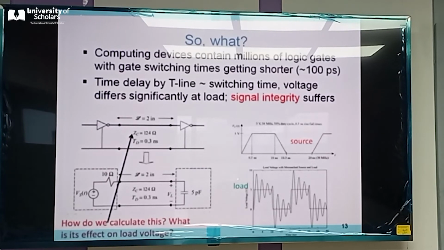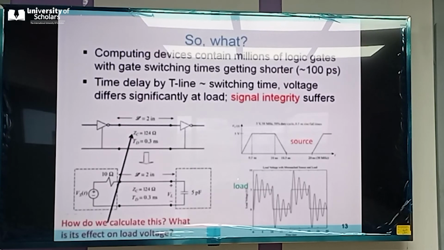At the source end, if you apply a voltage and there is a long transmission line between them, that line is causing some delay. So you won't have the same voltage at the load end. Then this might lead to inconsistent and completely inaccurate results, right?